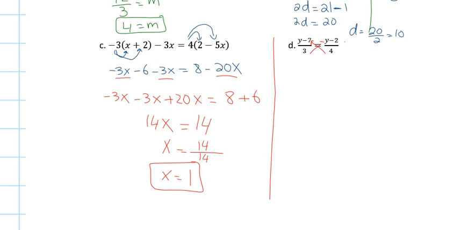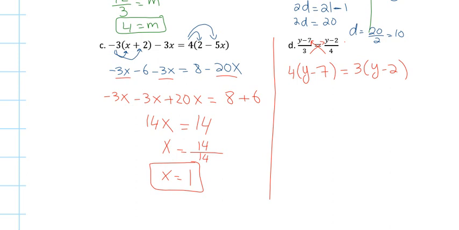Okay? So if you cross multiply, then the 4 will be multiplied by the y minus 7. Do you guys remember that? And then what happened to the 3? Times y minus 2. Okay? So anytime you have a fraction equal to another fraction, you can do the cross multiplication.